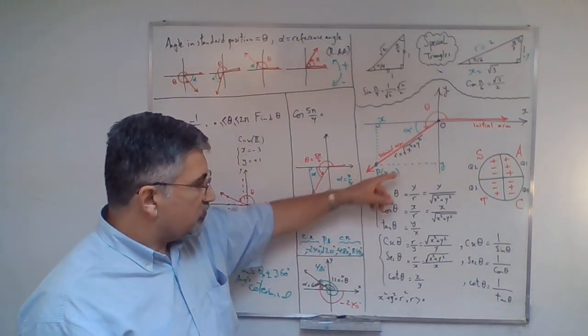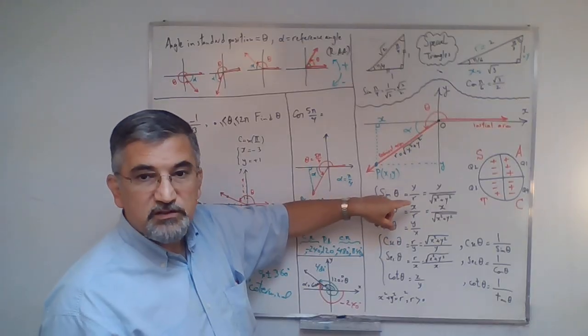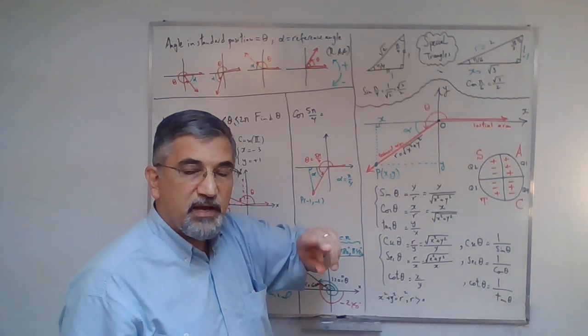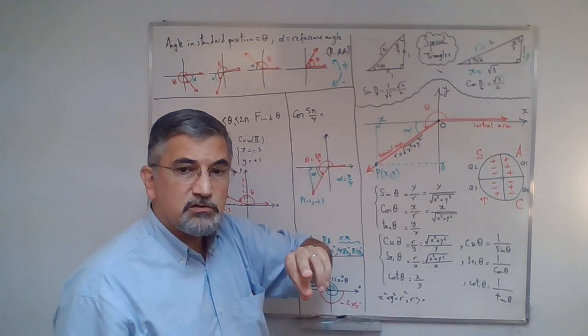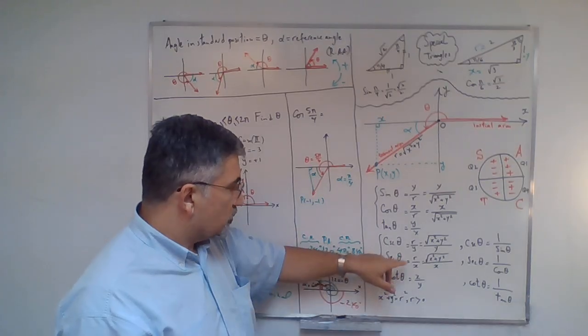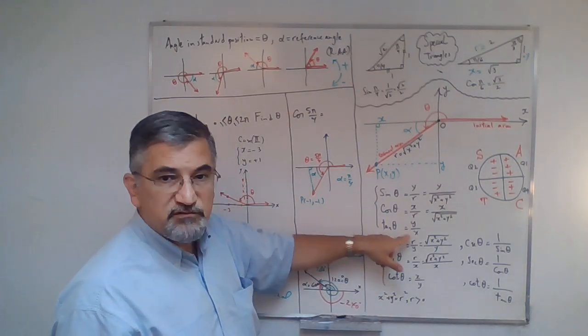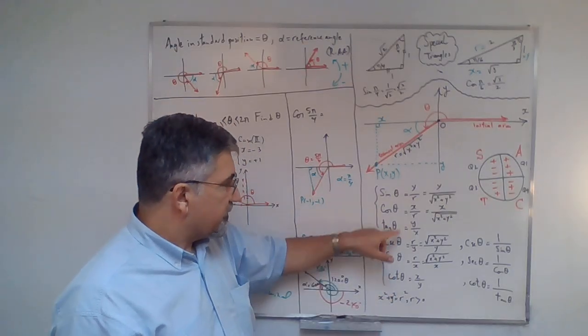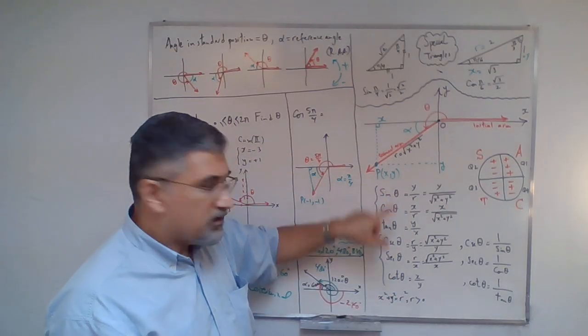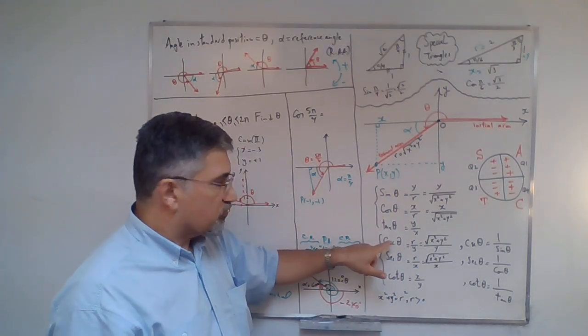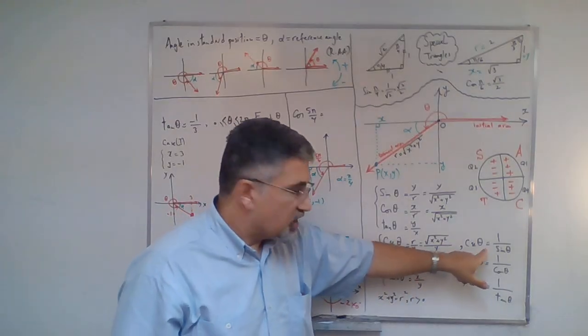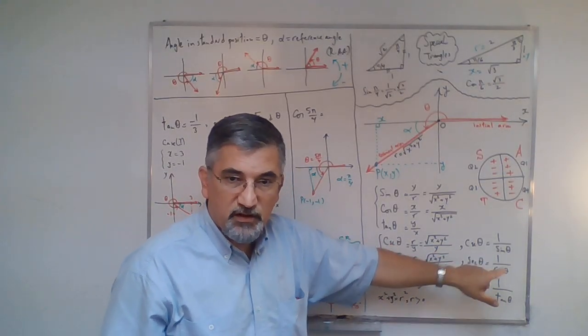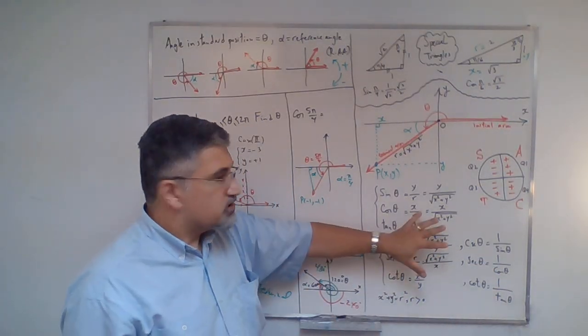Basically, all the ratios we defined earlier, we just flip them and swap the numerator with the denominator, that is, find the reciprocal. So instead of saying y over x for tangent, now we say x over y for cotangent. Instead of saying y over r for sine theta, we say r over y for cosecant of theta, which is the reciprocal of sine theta. So these are the basic definitions.